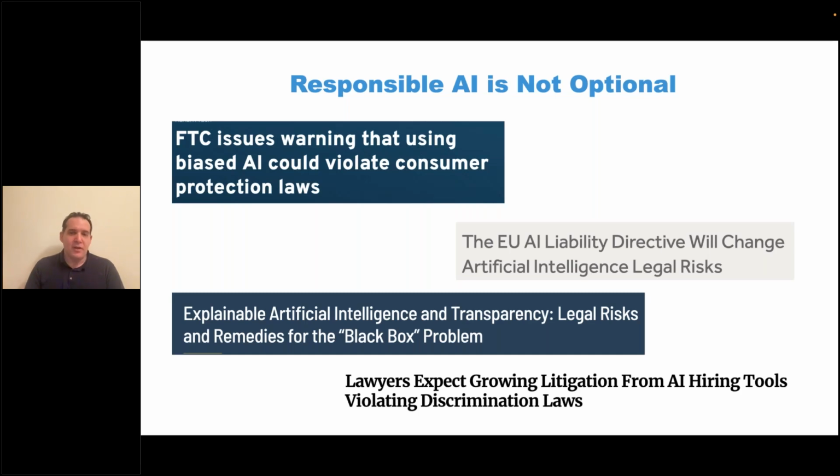And what is happening right now, especially in the US, in Europe, and in China as well, is that regulators are actively enforcing those rules and going after companies.